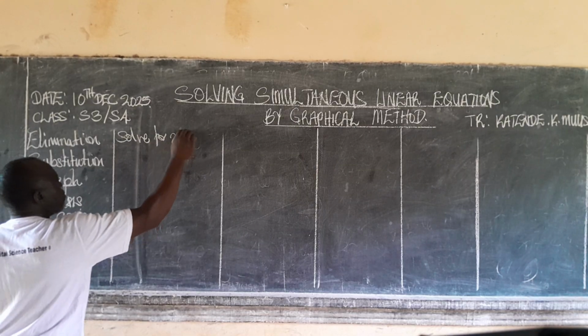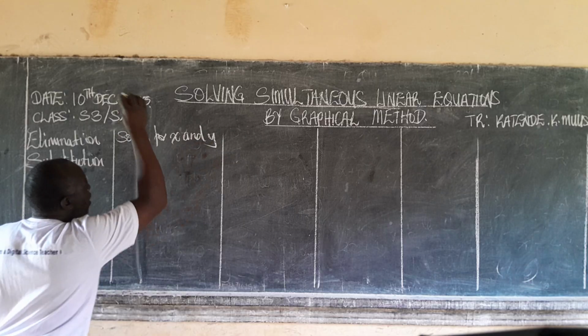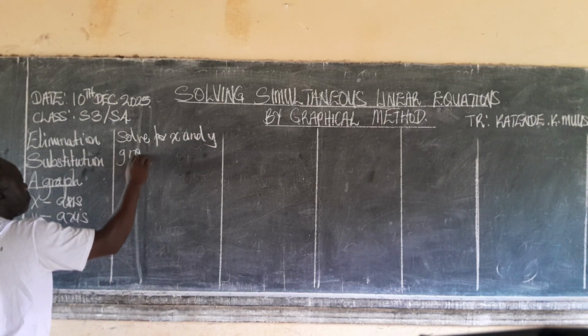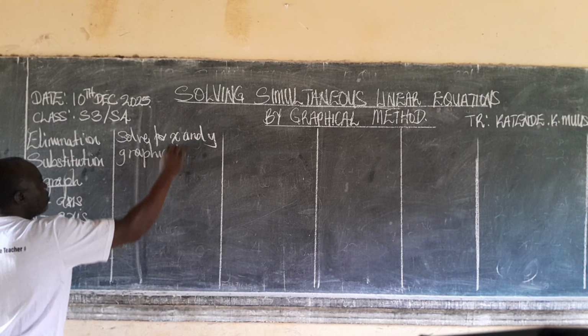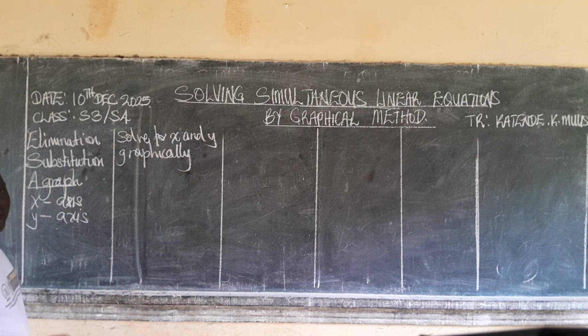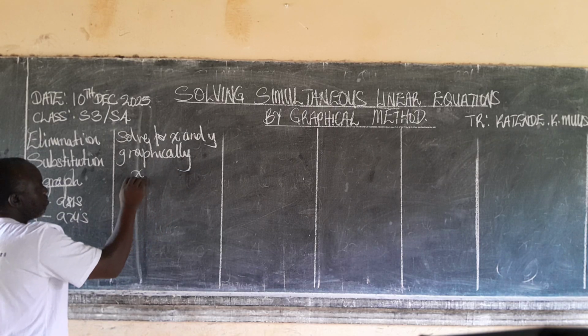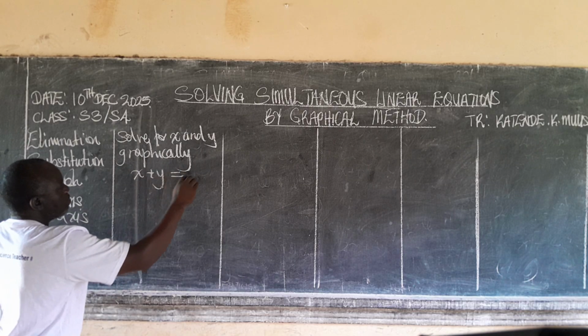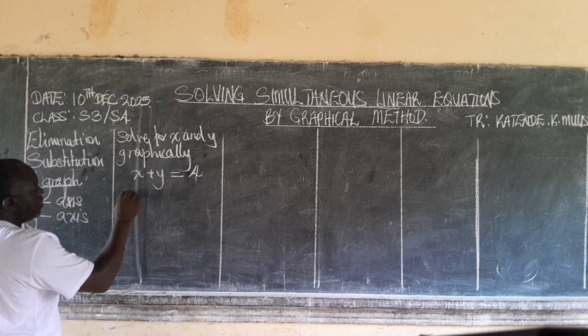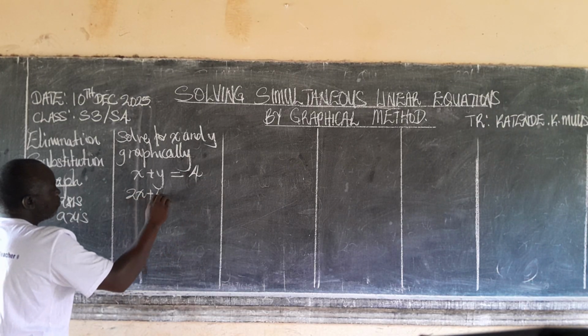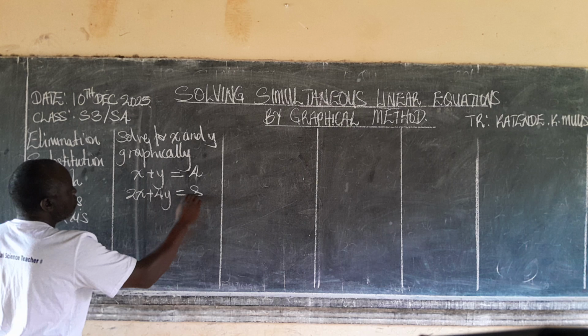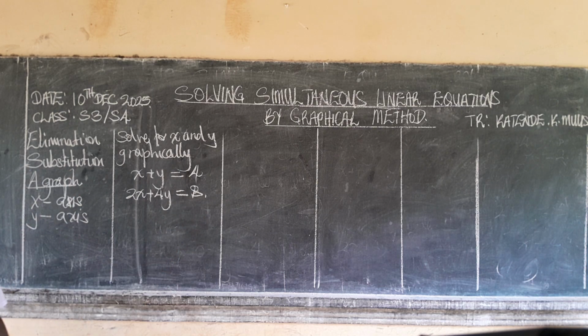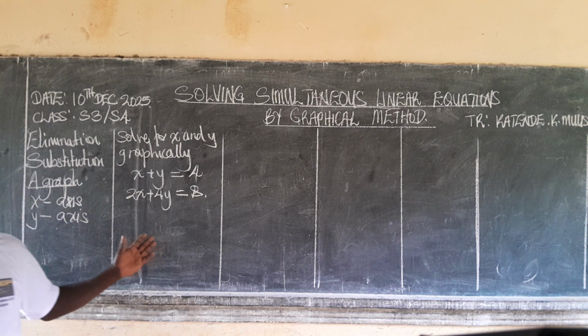Therefore, the example we are going to have a look at today is, you can be told: solve for x and y graphically, where you have the equations x plus y equals 4, and 2x plus 4y equals 8.